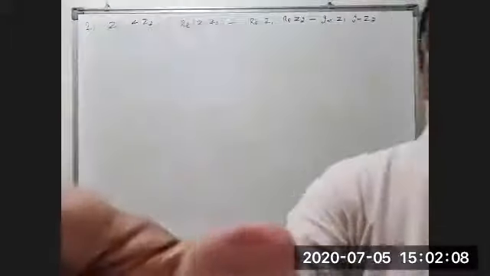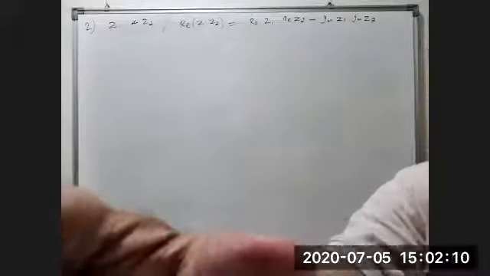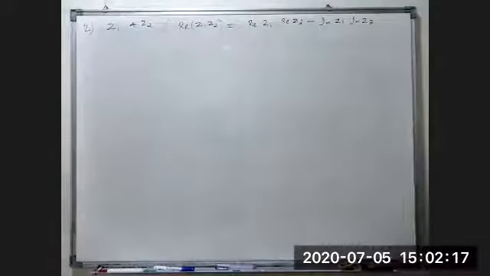Real of z1 z2 is equal to real of z1 into real of z2 minus imaginary of z1 into imaginary of z2.